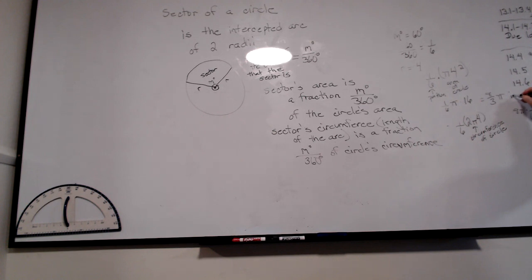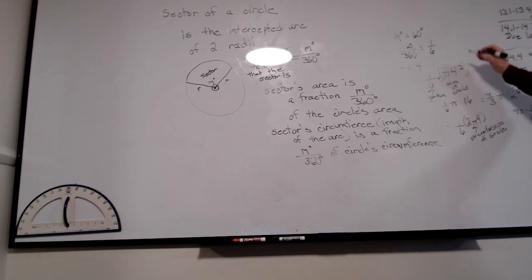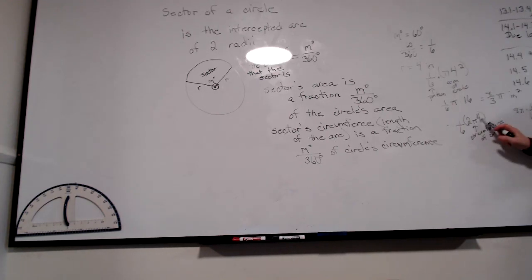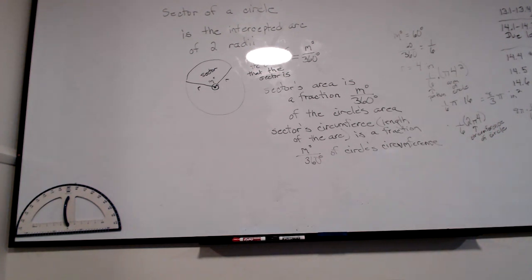So if I say that 4 is in inches, what is the unit on the circumference, the length of the arc? It would just be inches, because that's just a length measurement. We didn't square the 4, we just multiplied it. No, it's not cubed, that's when we get into spheres.